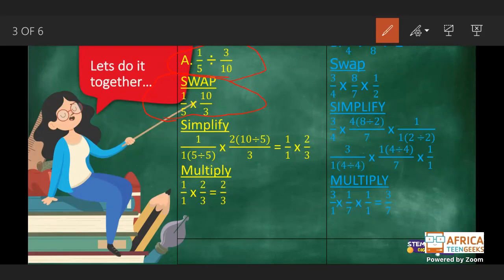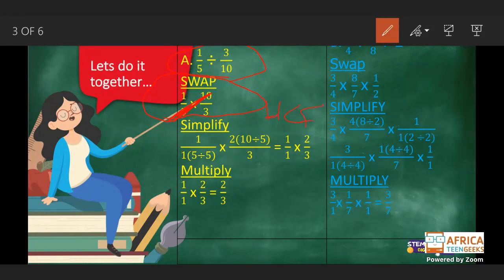In this case, our opposite numbers are 5 and 10, and then we also have 1 and 3. What is the highest common factor for 5 and 10? That number must be below 5, because 5 is our lowest number. So we'll have 5 divided by 5 because our highest common factor is 5.